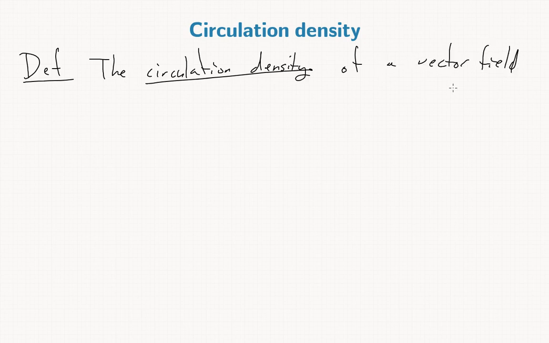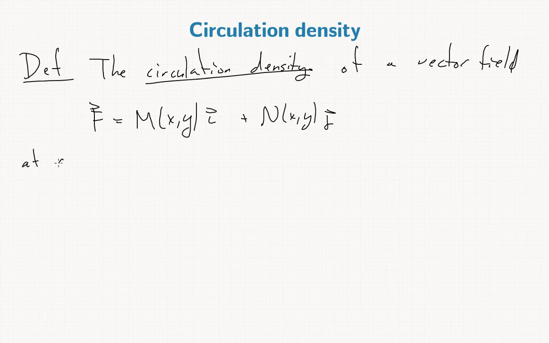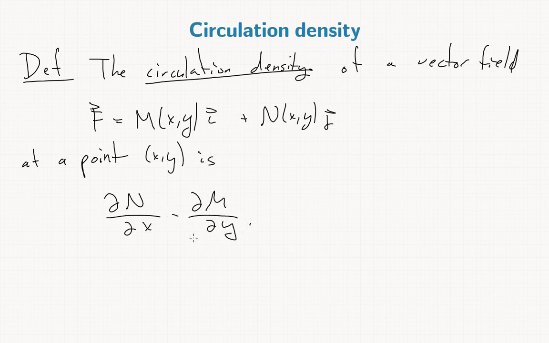So the circulation density of a vector field F equals M(x, y)i plus N(x, y)j at a point (x, y) is the expression del N by del x minus del M by del y.